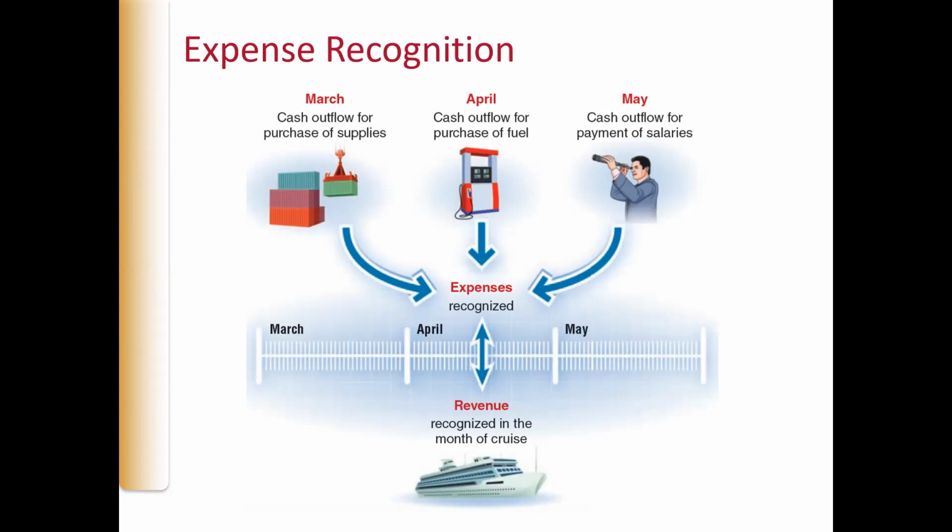So the expense recognition says the supplies that were purchased in March are going to be expensed in April when they got used up. Because in April, the revenue was recorded for the cruise ship, and the supplies need to match with the revenues they helped to earn. In April, when they paid money for fuel, it just so happens that coincides with April when the revenues came in.